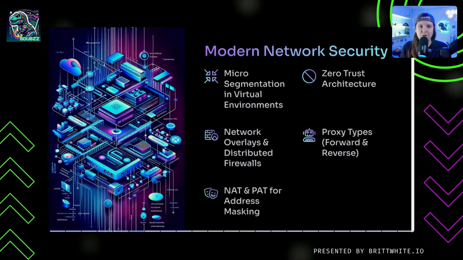While these security approaches are powerful, organizations need to carefully balance them against performance impacts and manage the complexity of multiple security zones. Proxies play a vital role as intermediaries between networks.